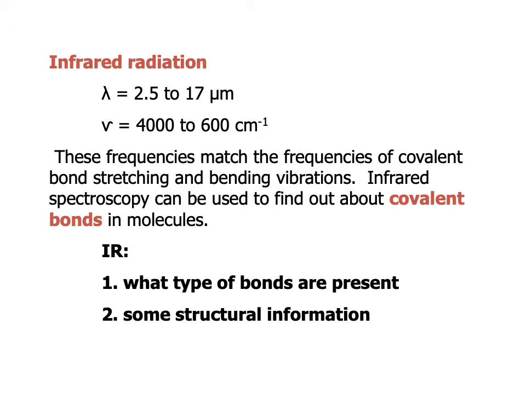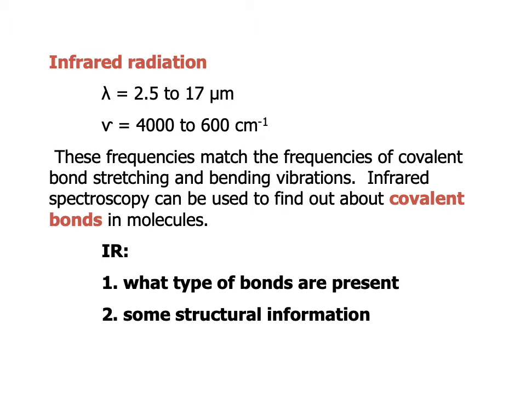Here are the wavelengths and the frequency of the IR, and you need to note that the IR shows us what type of bonds are present and some structural information. It is important to note that IR is not the only technique for showing the chemical formula or the groups.